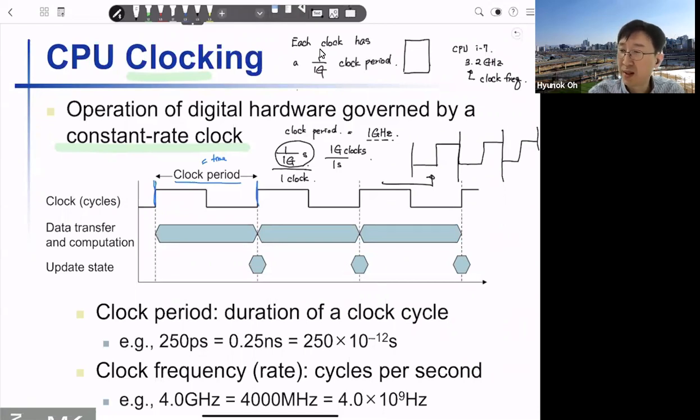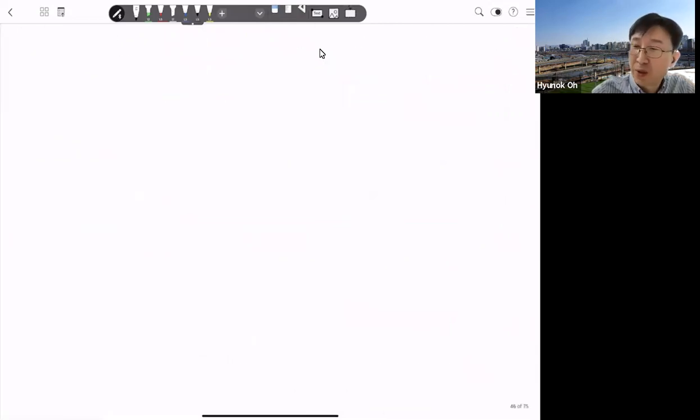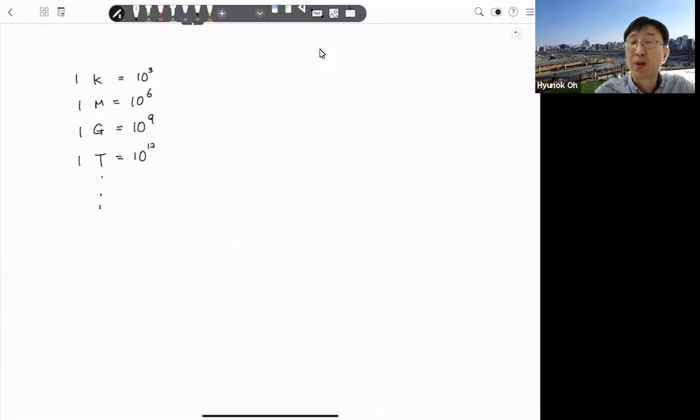So 1 giga is 10 to the, how much is it? You know kilo, mega, giga, and tera, right? 1 kilo is 1,000, 1 mega is 10 to the 6, 1 giga is 10 to the 9, and 1 tera is 10 to the 12.